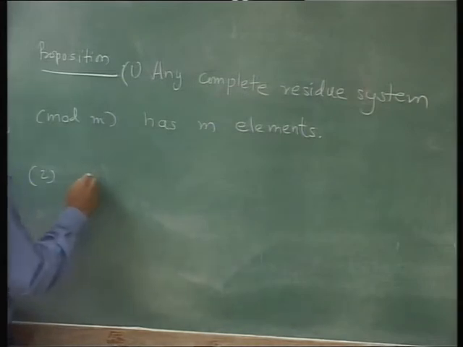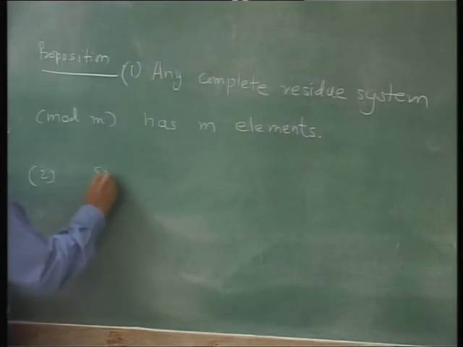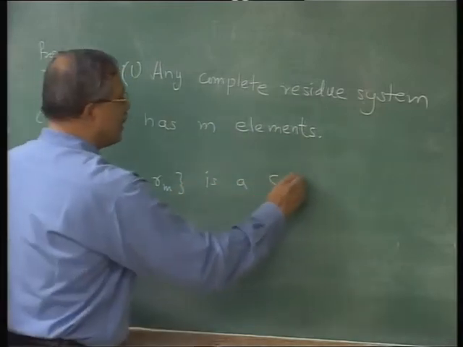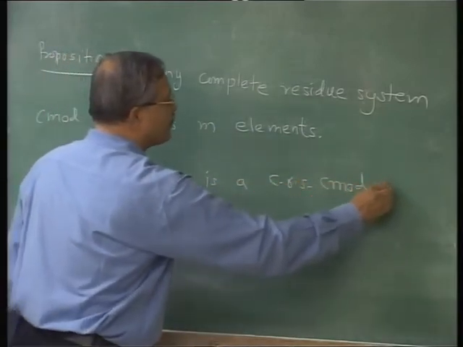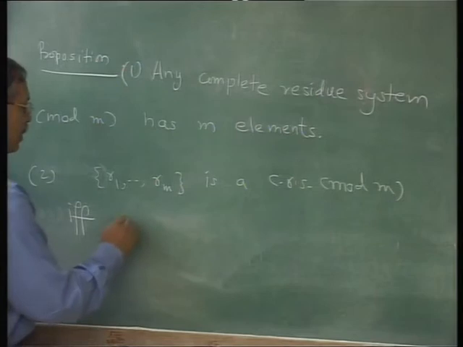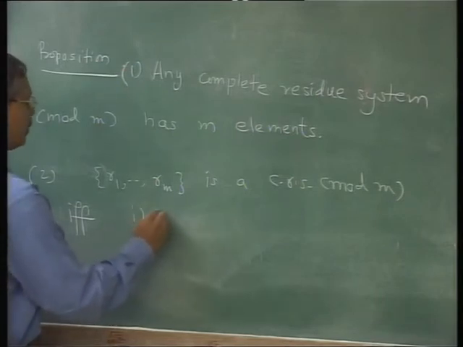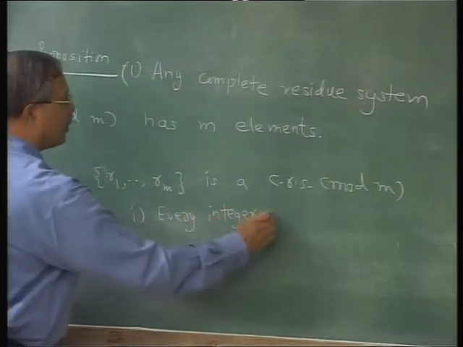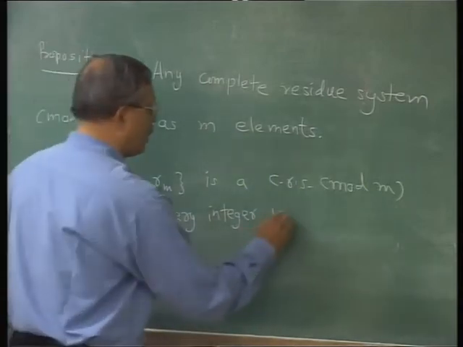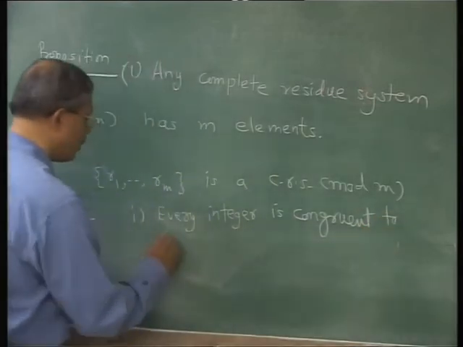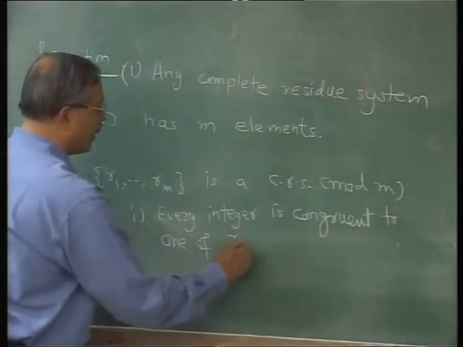R1, R2, Rm. So now we take the same number m. R1, R2, Rm is a CRS mod m if and only if, one, every integer is congruent to one of R1, R2, Rm.